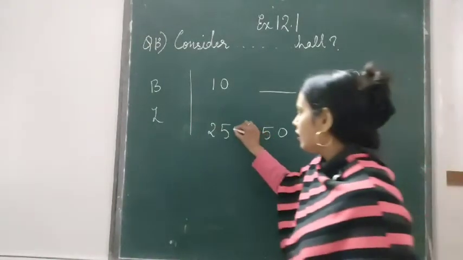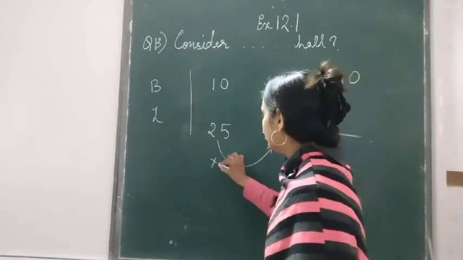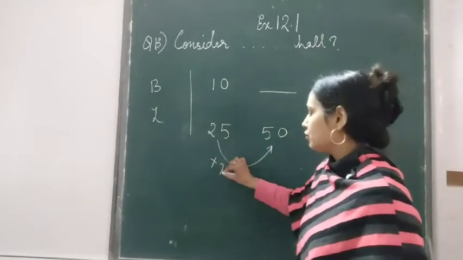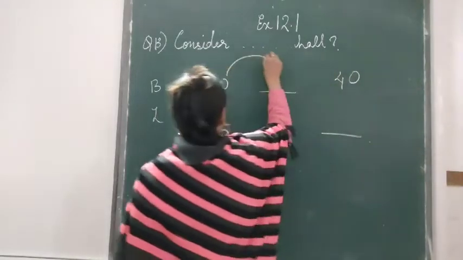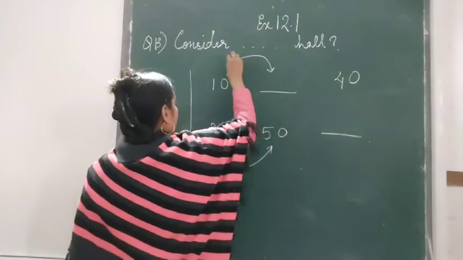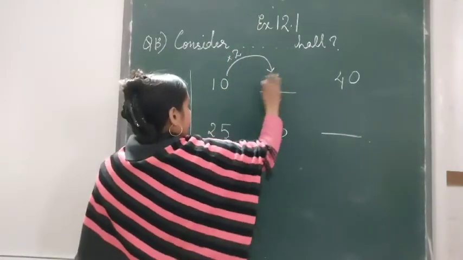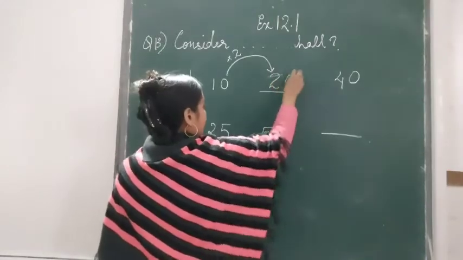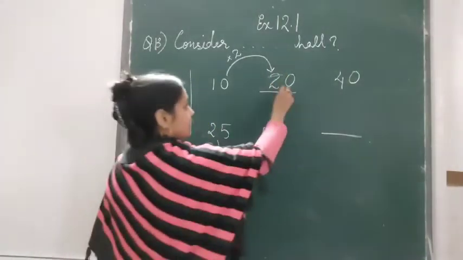Yes, if we multiply 2 here, 25 into 2 will give us 50. So here also, if we multiply 2, so 10 2s will give us 20. Okay, now see the connectivity here.